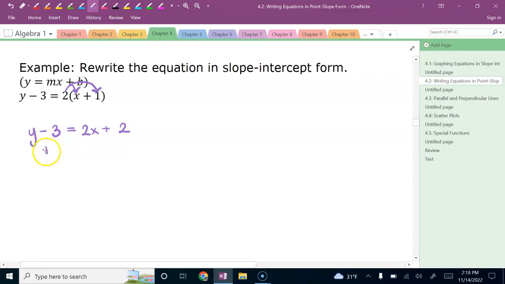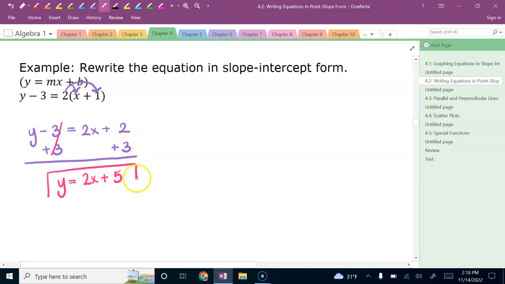So I'm going to add 3, but when you add it over here on the other side of the equation, you can only add it to the 2. You can't add it to 2x because 3 doesn't have an x. And we would have y equals, we bring down the 2x, and then 2 plus 3 would be 5. And there would be your equation in slope-intercept form instead of point-slope form.